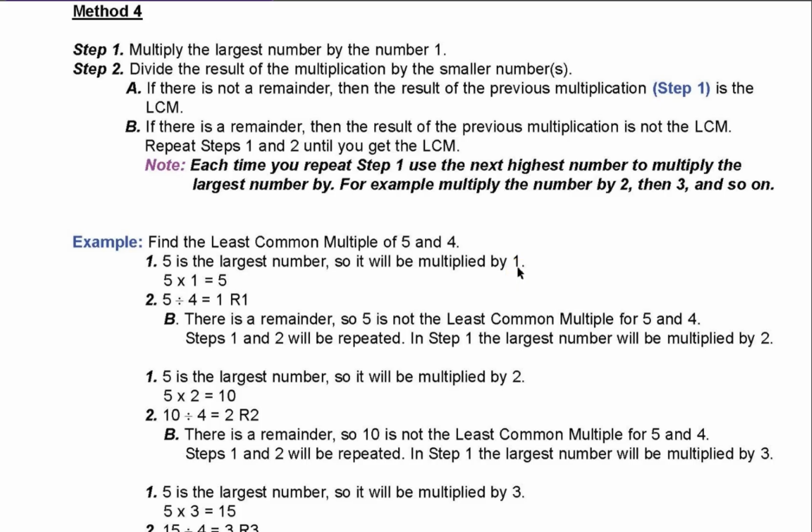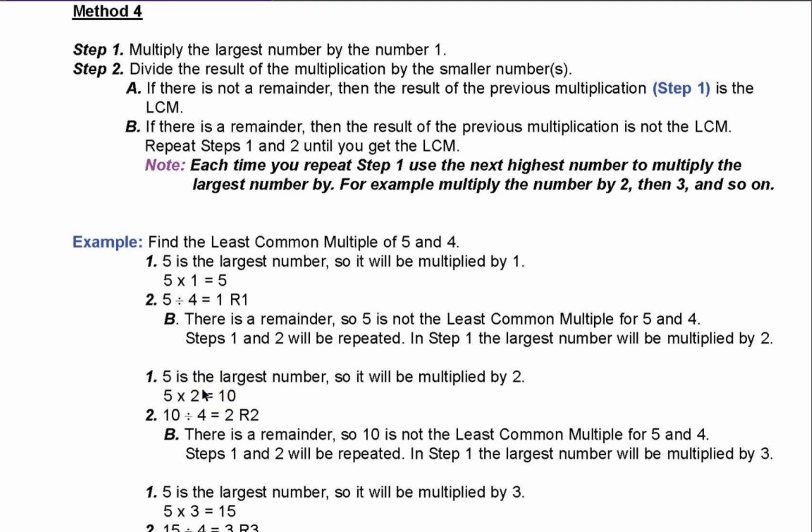So we started with 1, then we multiplied by 2, and now we will use 3.